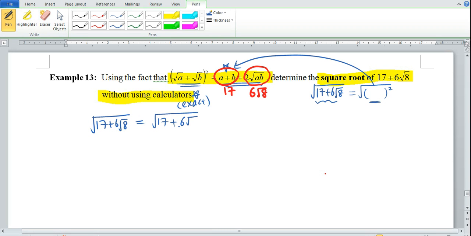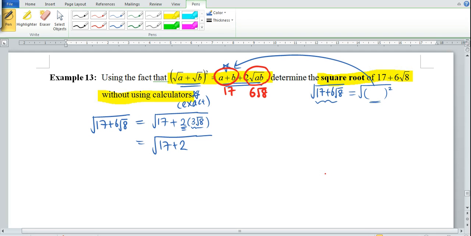Since I want to start with 2, I'm going to straight away break up 6 into 2 times 3 square root 8. So intentionally, I want the 2 to be in front, and everything else I will push to the back first. So the surd is still there. It's just that now we have a 2 at the front already.